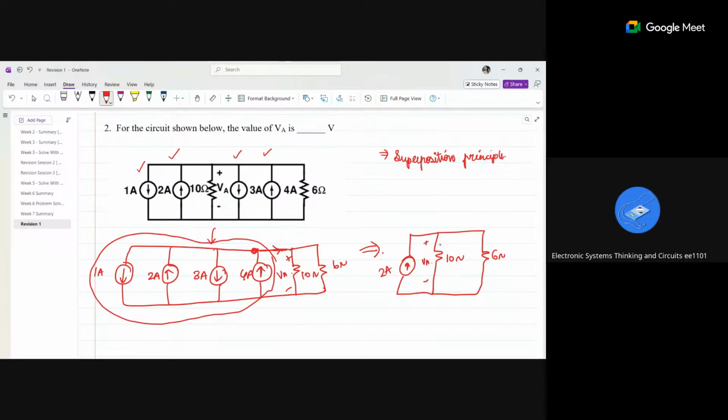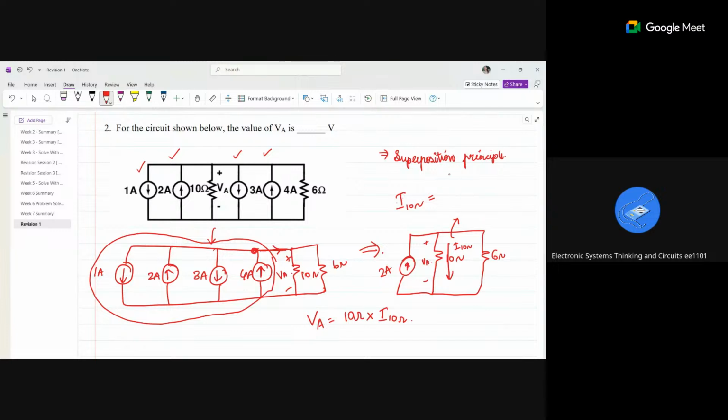Now I want to find the current through the 10 ohms, right? Then only I can apply Ohm's law. IR to find VA. So VA is nothing but 10 ohms into I, current flowing through the 10 ohms. Then what is the current flowing through the 10 ohms? How can I find it? Shall I use current division rule?